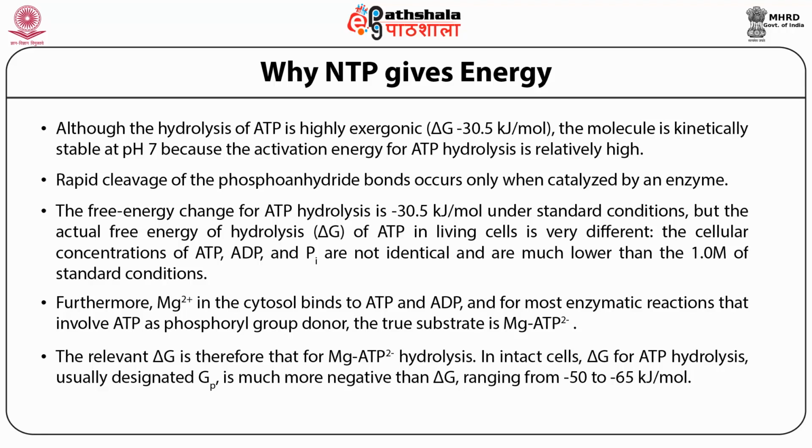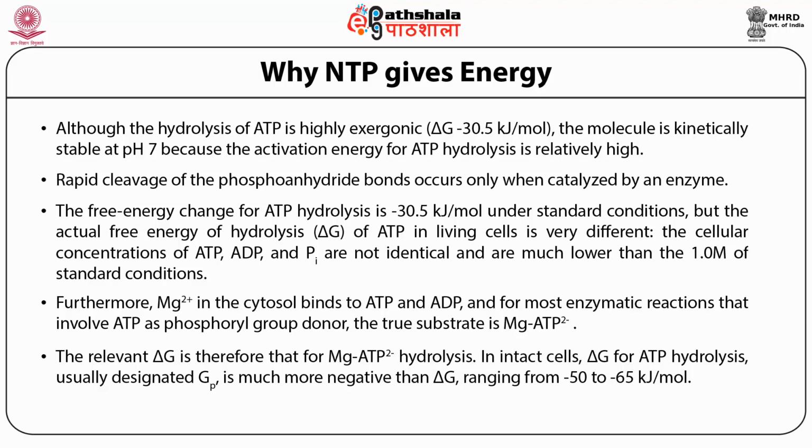The question that comes to our mind is, why is it more negative as compared to ATP hydrolysis alone? The first point that comes to mind is that magnesium may stabilize the negative charge of ATP 4 minus, but magnesium also stabilizes phosphate, magnesium also stabilizes ADP, and magnesium also increases the solvation layer.